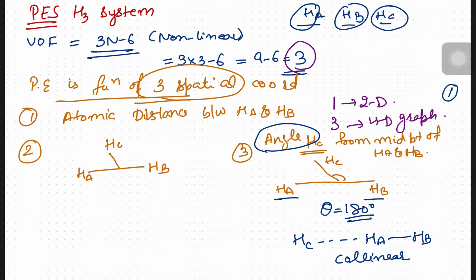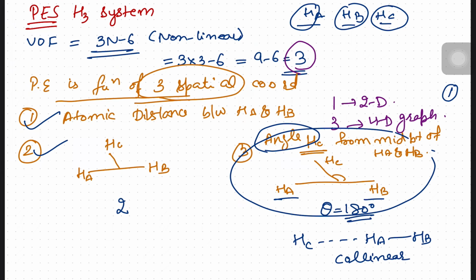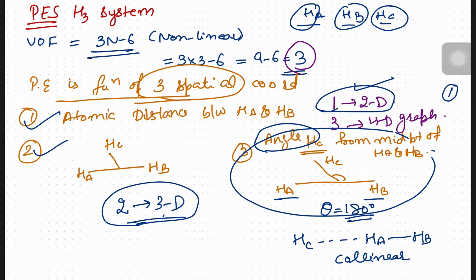So this we have assumed, and we are left with 2 spatial coordinates. Now we have 2 coordinates, so we'll get a 3-dimensional graph. For 1 coordinate we were getting 2-dimensional, for 3 we get 4-dimensional. Out of 3 coordinates we have fixed 1, and for the 2 coordinates we are getting a 3-dimensional graph.